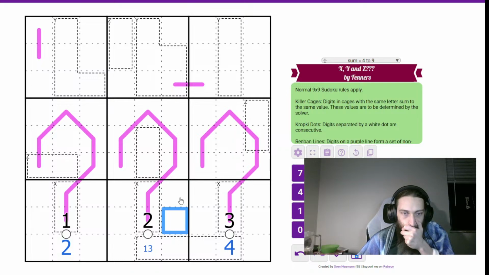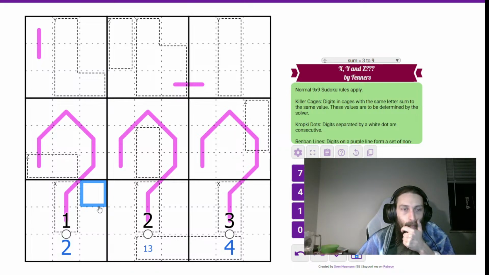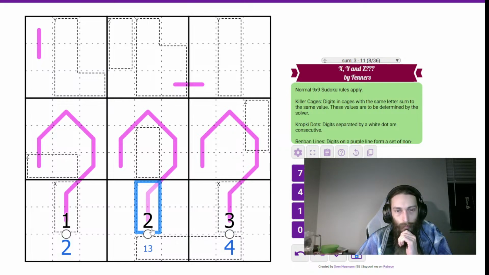Well, and we know that the first question mark is 1 through 7. So X is now max 8. Right. And minimum 5, because you couldn't do 1, 3 for 4, because that would be 2 2s.